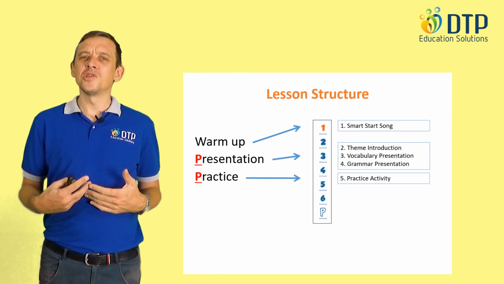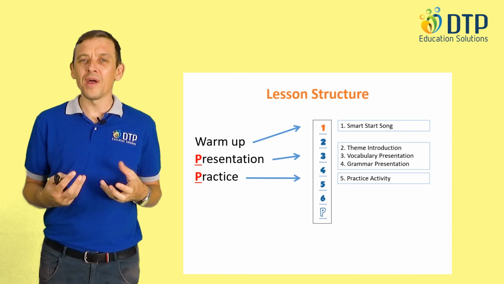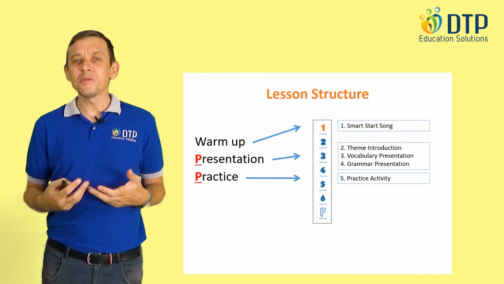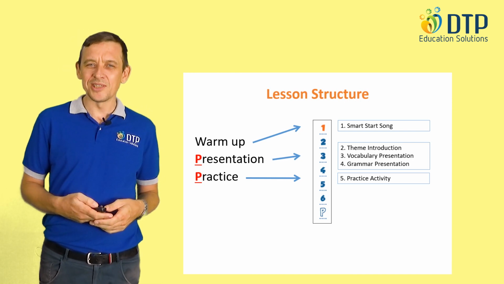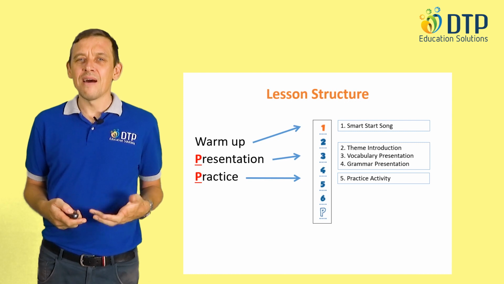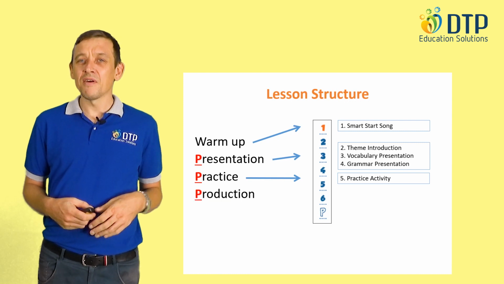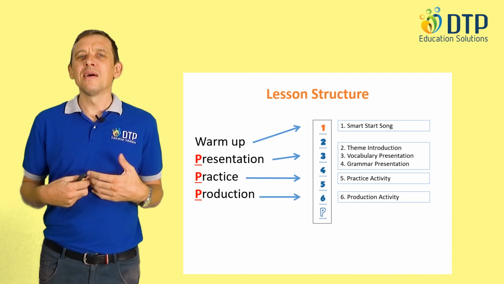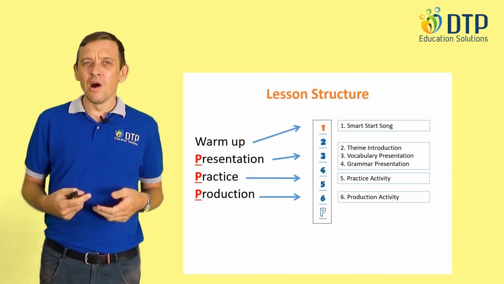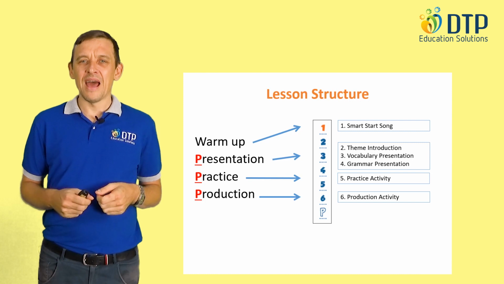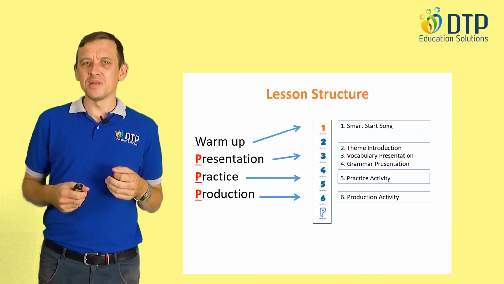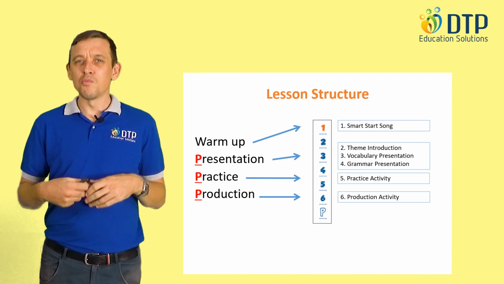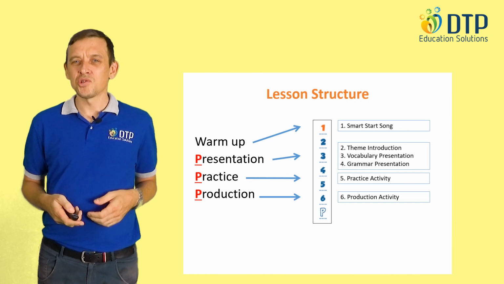And this is where the students have a very controlled activity to give them the opportunity to practice the new language. And finally, after practice, we have production. And production is where we usually have a team game or fun activity to give students the opportunity to use the language in a natural way.